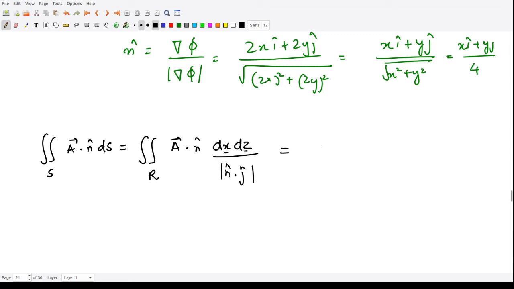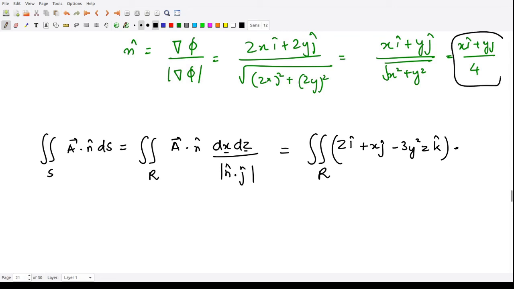Now we have all the values, so we can substitute it here. So it would be over R, and vector A is given to us as the quantity z i cap plus x j cap minus 3y square z k cap. This quantity dot with vector n, and vector n is this one, x i cap plus y j cap divided by 4, into dx dz.